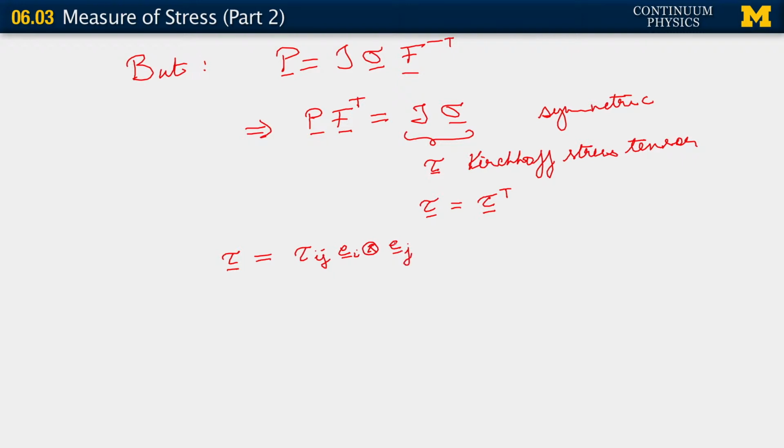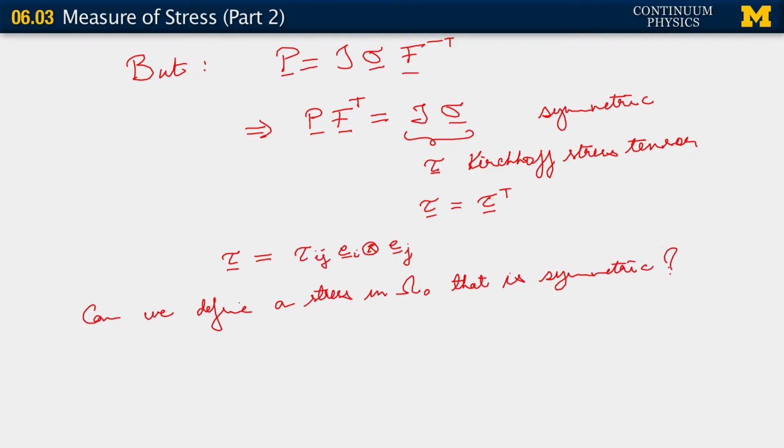Like sigma, tau has indices in the current configuration. So can we define a stress in omega naught that is symmetric?